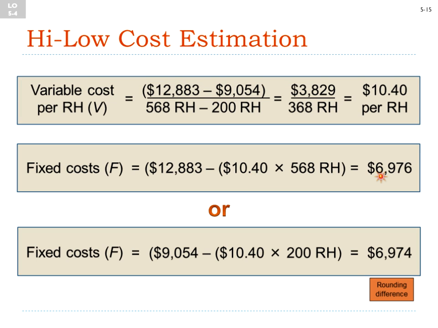Now the difference between this formula and the bottom formula is that we're using different levels. This one was the high month, and this one was the low month.